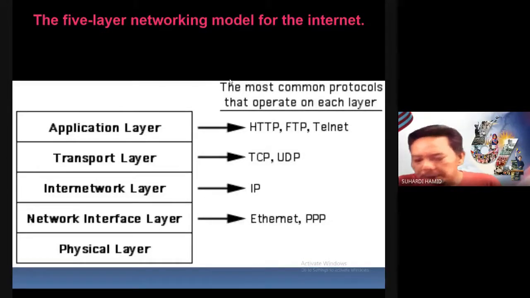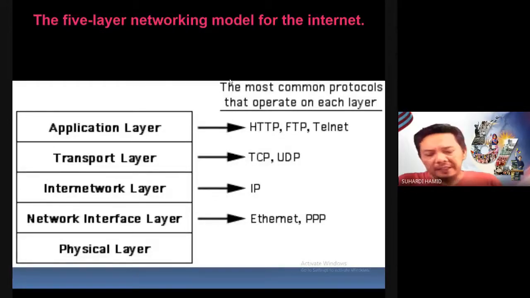For example, if you want to connect to an ISP, you use PPP. Unifi is using PPP, although in terms of Unifi, they would say that they use PPPoA or PPPoE.